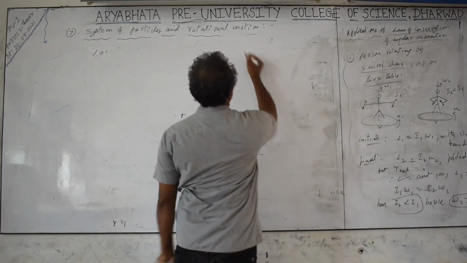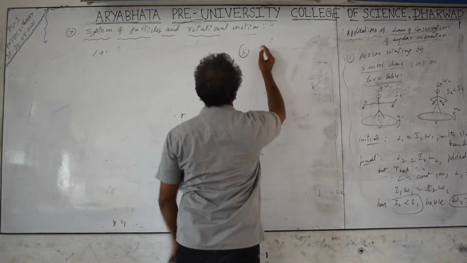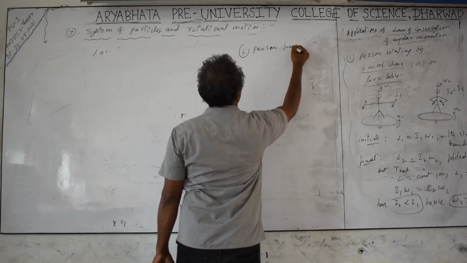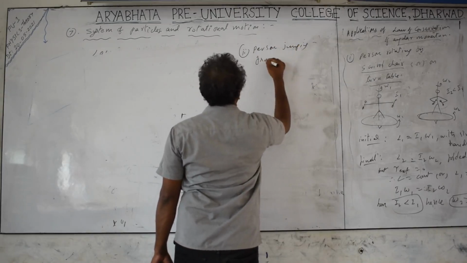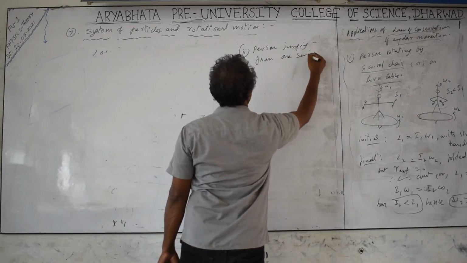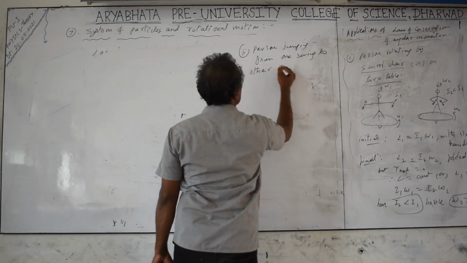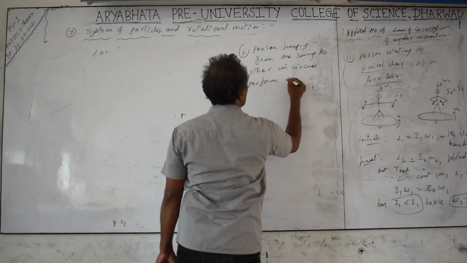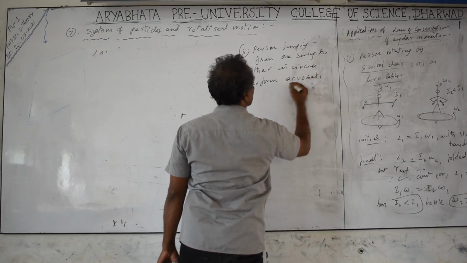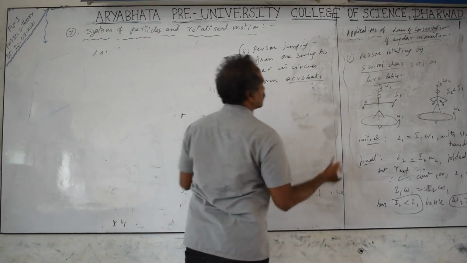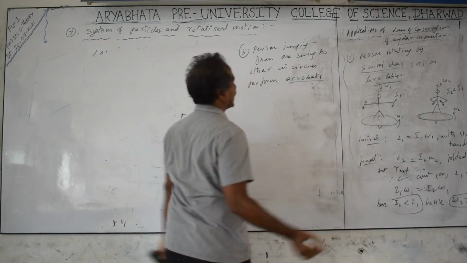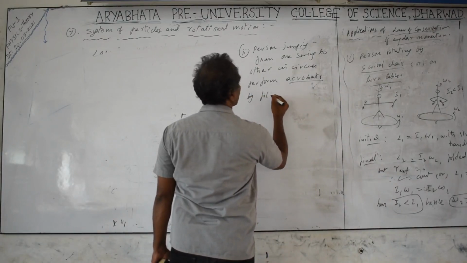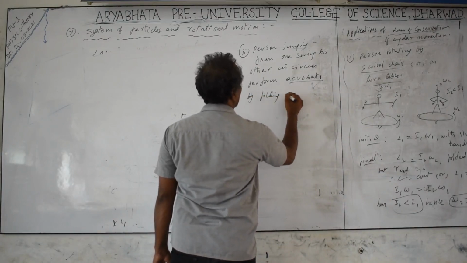So the second example, a person jumping from one swing to another in a circus, is diagrammed as not actually required. They perform acrobats, also called somersaults. Somersault or acrobats means rotating the body in the air, performed by folding the body.